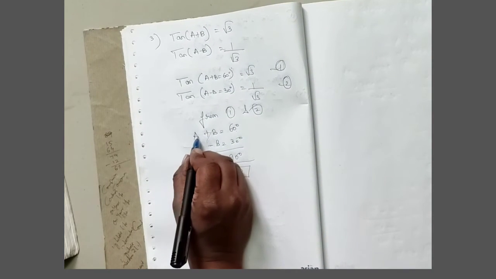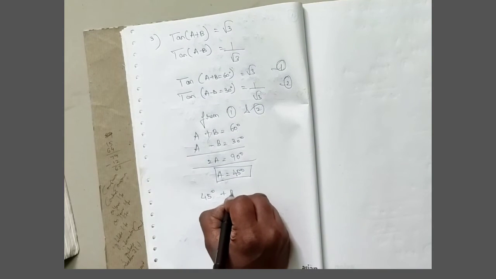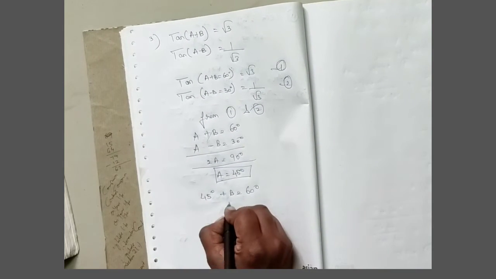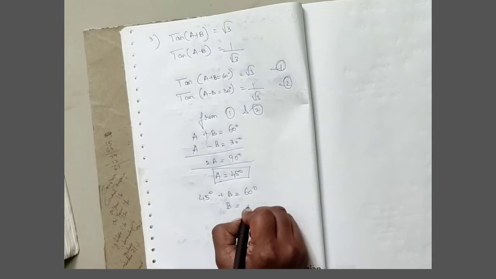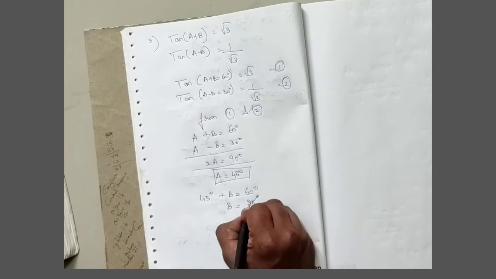If you substitute a in this, 45 degrees plus b equals 60 degrees. So b is equal to 15 degrees. That's what we have derived.